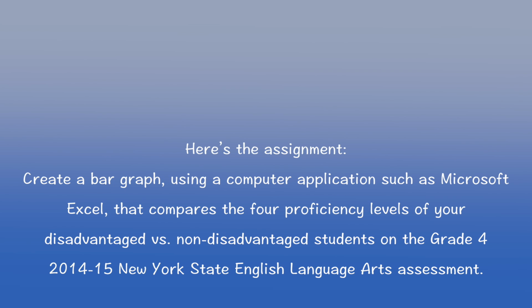Here's the assignment. Create a bar graph, using a computer application such as Microsoft Excel, that compares the 4 proficiency levels of your disadvantaged versus non-disadvantaged students on the Grade 4 2014-15 New York State English Language Arts Assessment.